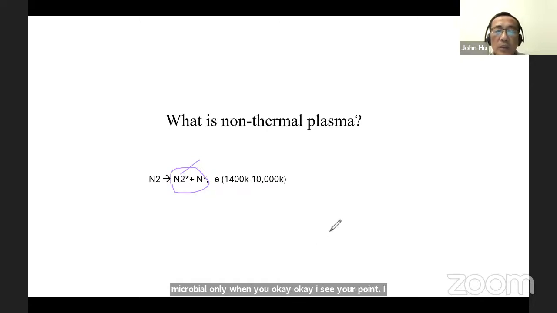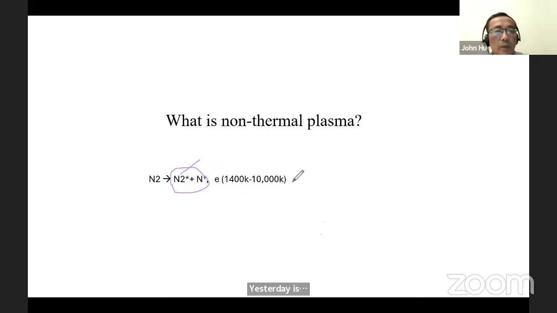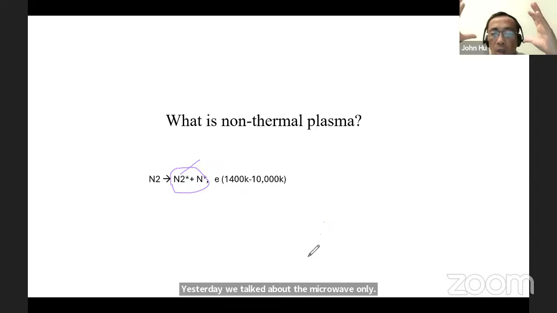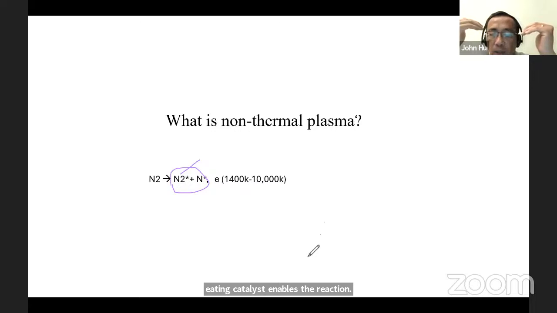Let me clarify this one. Yesterday we talked about microwave only. Microwave only means you apply the microwave power but do not generate plasma. It's really the microwave interacting with the catalyst, heating the catalyst to enable the reaction. But here you generate the plasma using microwave.